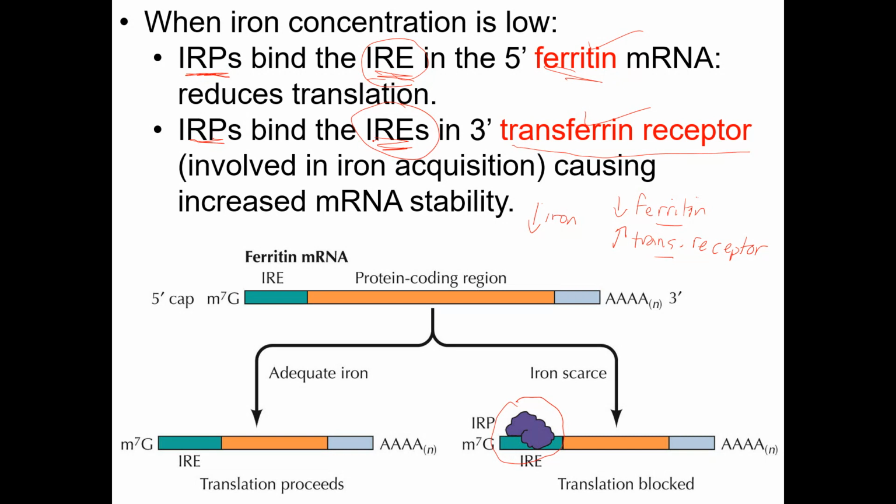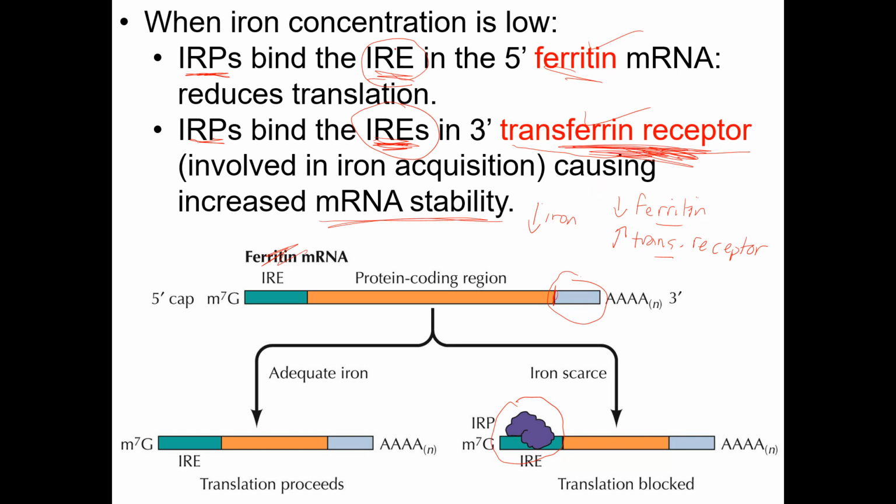For the transferrin receptor, the iron response element is actually over here, not on ferritin though, right? That would be actually over here in the 3' side. And this doesn't affect the ribosome. The ribosome is going to fall off before it actually gets to this part. All it does is increase messenger RNA stability. So it keeps this transferrin receptor around for a longer period of time.